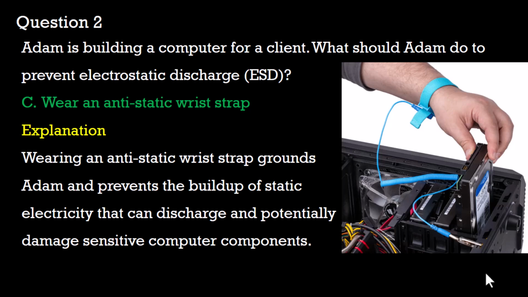STP is just a type of cabling that prevents electromagnetic interference, however, it doesn't prevent ESD. Washing of hands is a good practice for cleanliness, but it does not prevent ESD. So the first thing to avoid and prevent an ESD would be to wear an anti-static wrist strap.